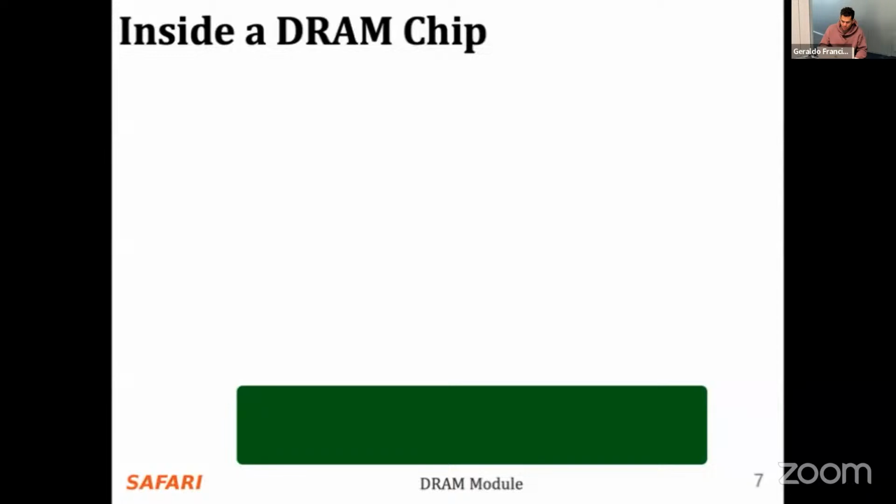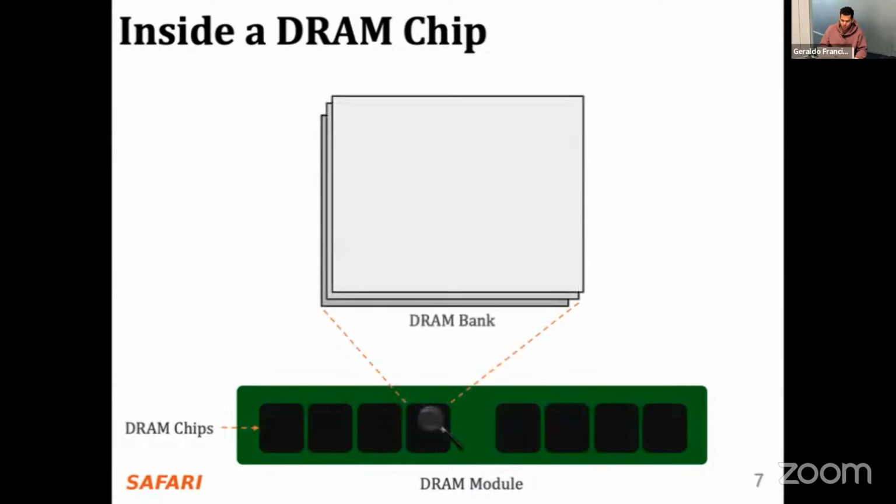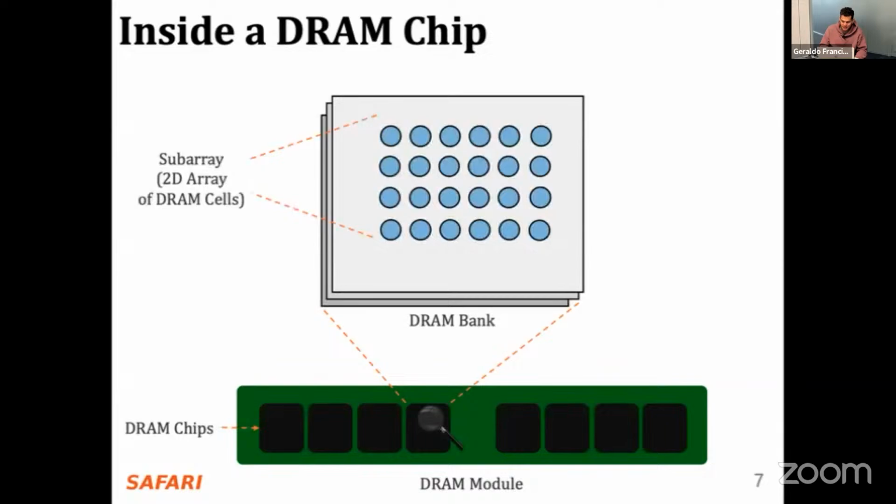So this is a DRAM model. A DRAM module is composed of many DRAM chips, and each DRAM chip is composed of several DRAM banks, and each DRAM bank has many DRAM subarrays, which are 2D arrays of DRAM cells. The 2D array of DRAM cells are horizontally connected via word lines and vertically connected via bit lines.